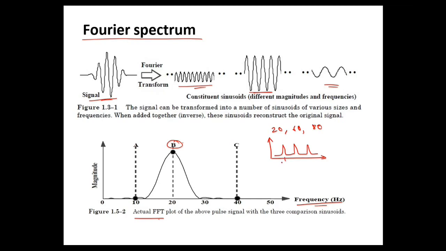When we do the Fourier transform, we get three peaks at the same 20 hertz, 60 hertz and 80 hertz. Now the amplitude of these peaks would also vary depending upon the amplitude of the constituent frequency sinusoids within the signals.